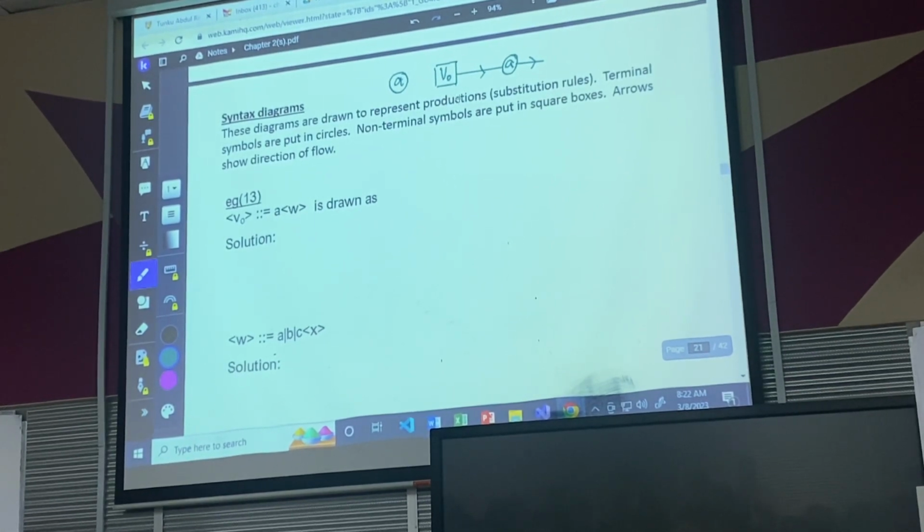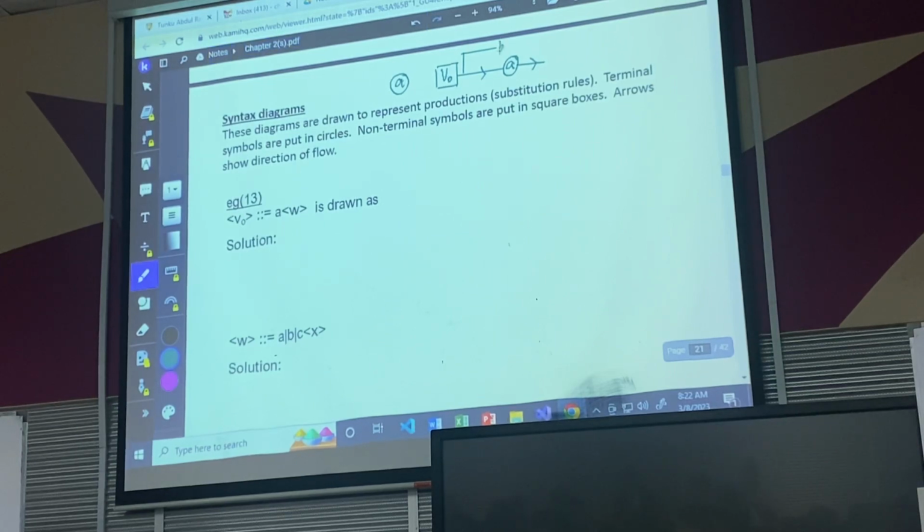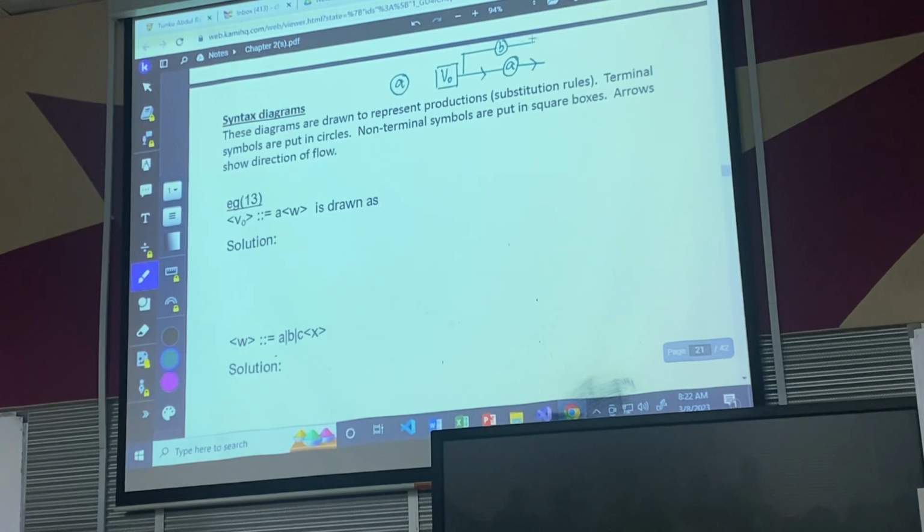Now, if you have an alternative, like V0 you want to substitute with A or B, then you can draw another line for the B here. You can draw the B at another line up and then go out like this.